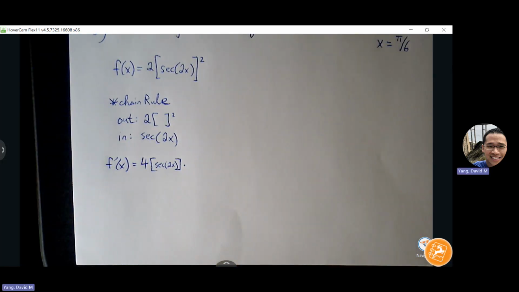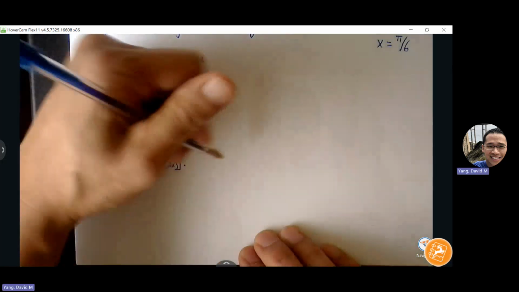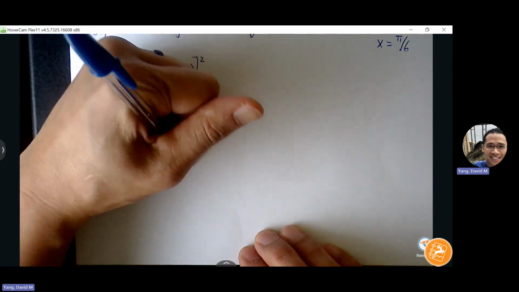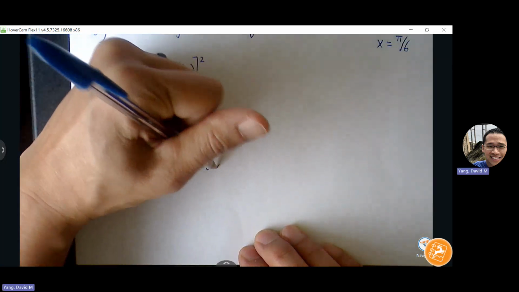So there's outside's derivative. Inside, secant u becomes secant u tangent u times u prime.